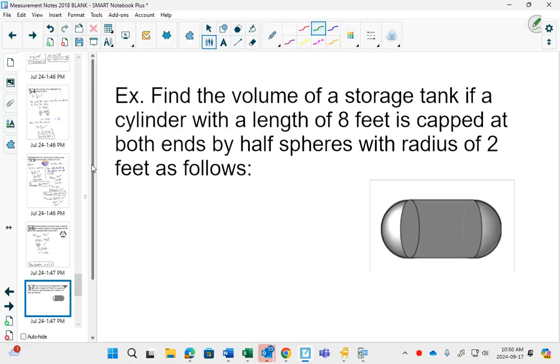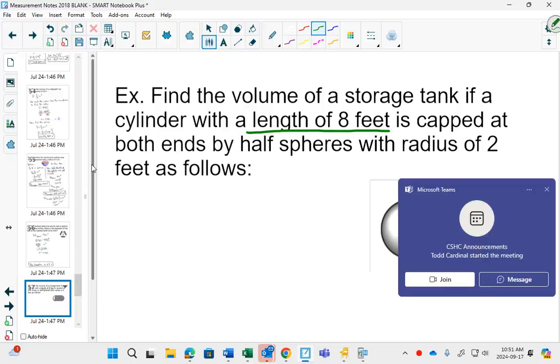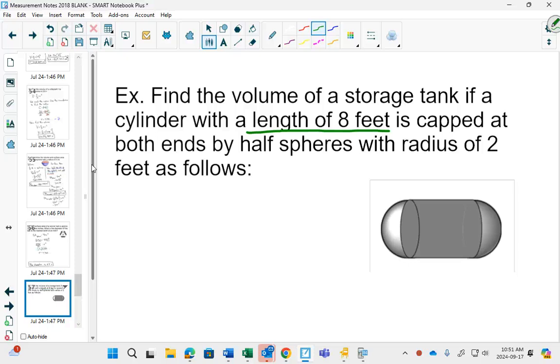When you read this, the length of 8 feet, the question you have to ask, in the context of this question, does that mean the whole thing is 8 from here to here? Or is it just 8 from here to here? If we read the question carefully, it has a cylinder with a length of 8, so that 8 only goes from there to there.